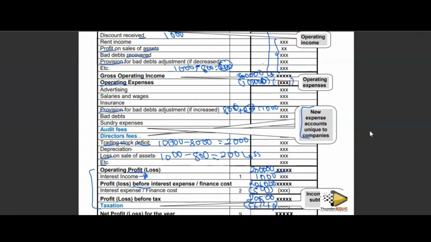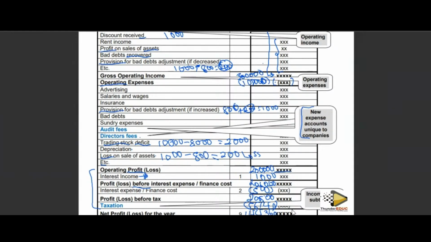Now we get our net profit after paying tax. So 200,500 minus 56,140, we get 144,360.